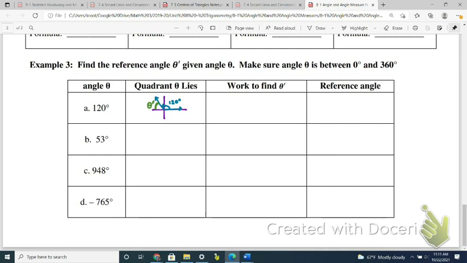So how many more degrees would I have to go to get to this line? That's what I'm trying to figure out. So this graph lies in quadrant 2. So I need to go 60 more degrees to get to my reference angle. So my reference angle is 180 minus 120. So it is 60 degrees.